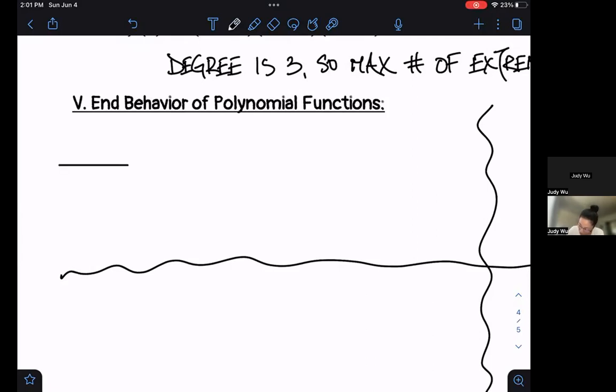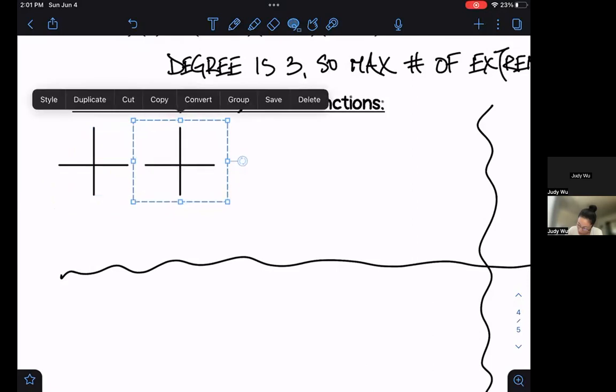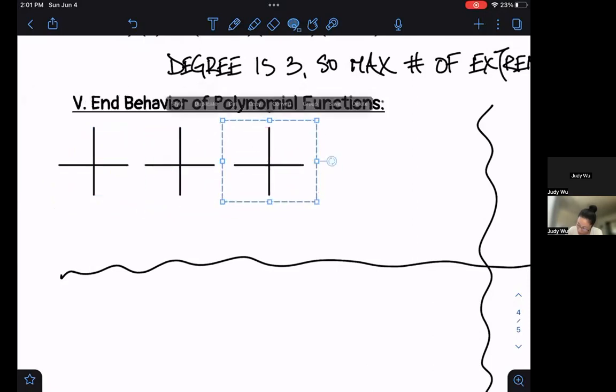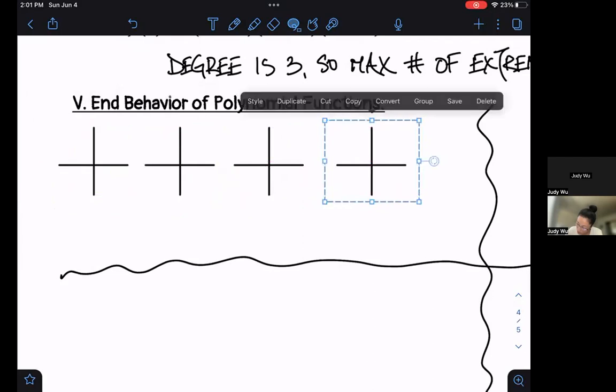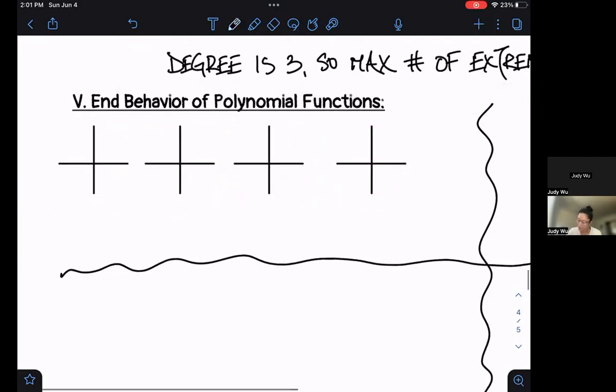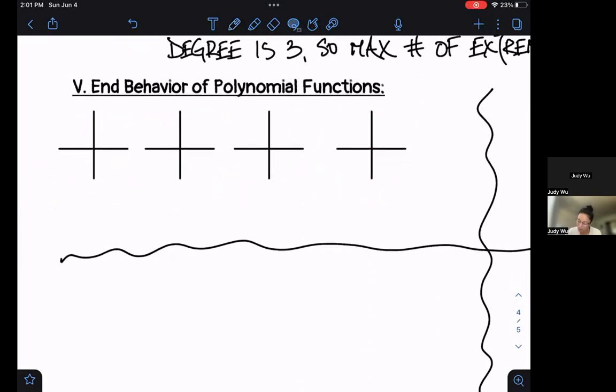So let me go ahead and set up a few XY grids. 1, 2, 3, and 4, all right? And while I'm here, we're going to talk about degree 1, okay?